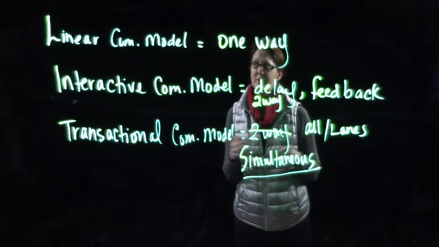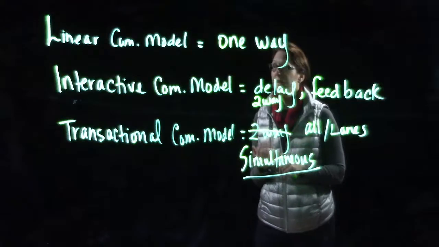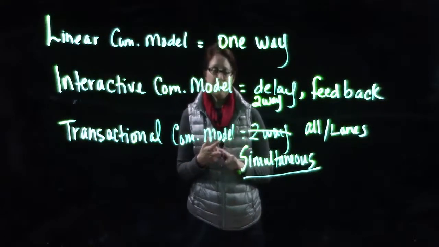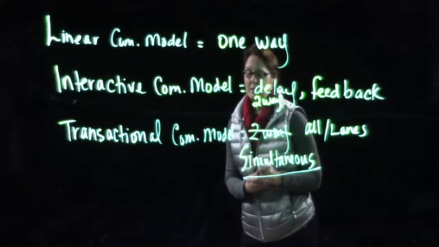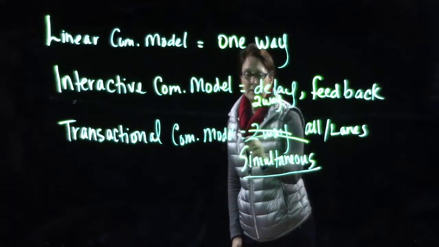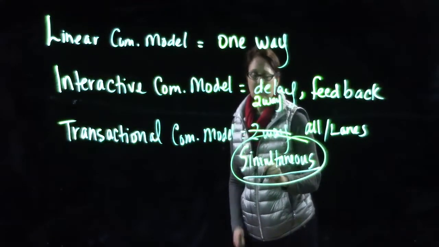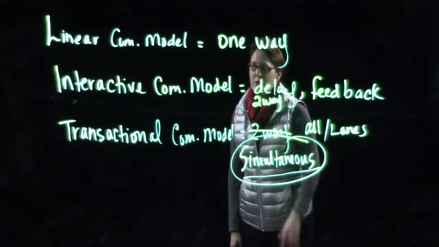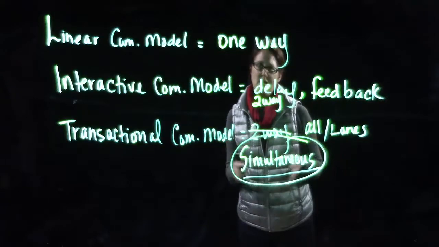So that's it for today. Linear, interactive, and transactional. One of the key words to remember is that the transactional is occurring simultaneously, and that's a cornerstone of what we will unravel and unwrap this quarter.